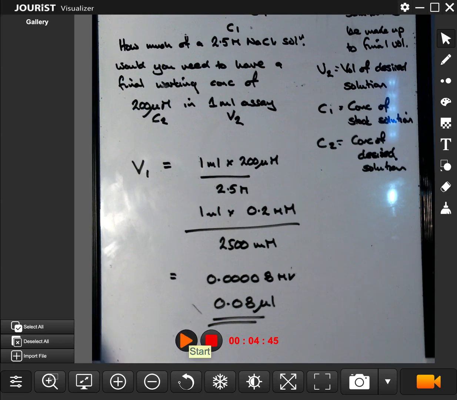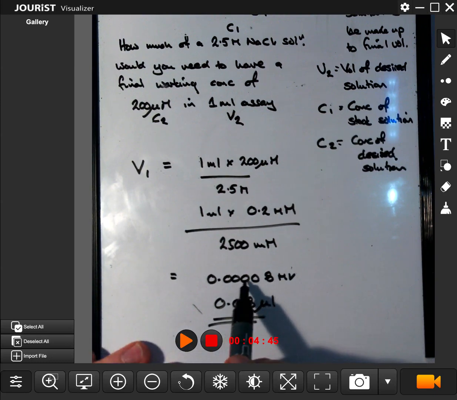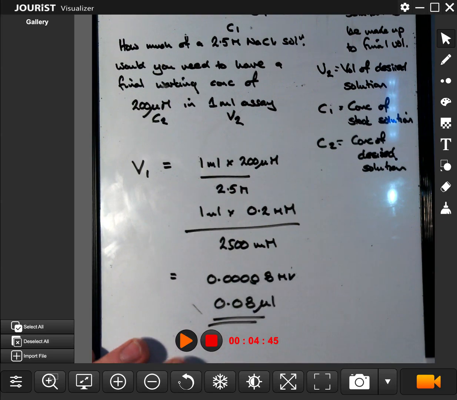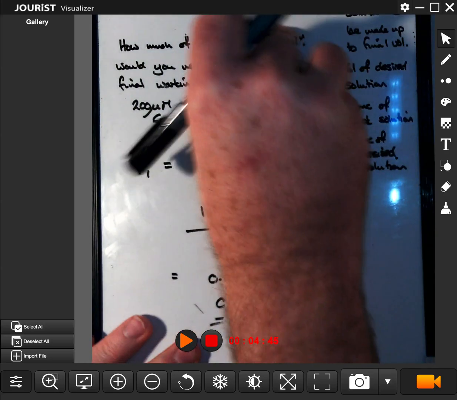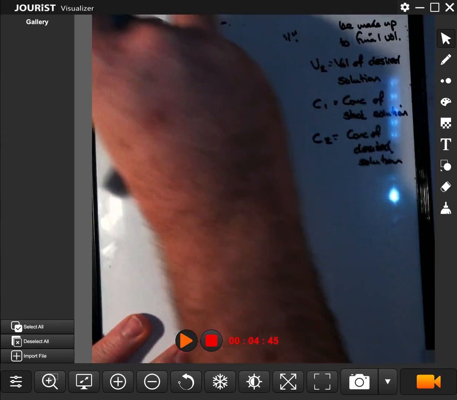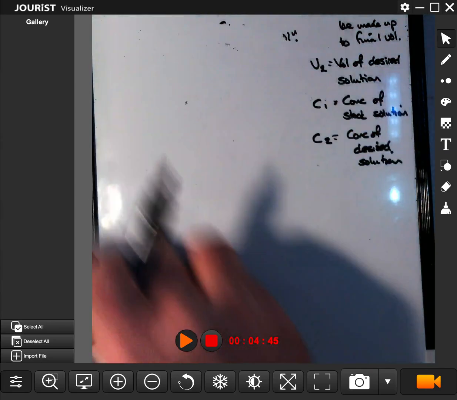So we're going to have to make an intermediate stock solution that's a little bit more dilute than our initial stock solution, which was 2,500 millimoles. Why don't we say we're going to make up 5 milliliters of 100 millimoles.